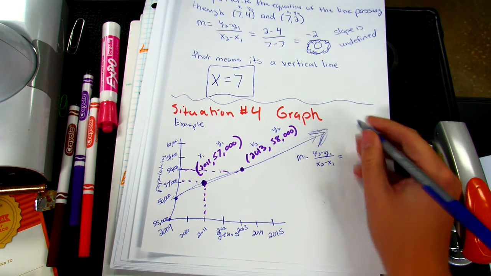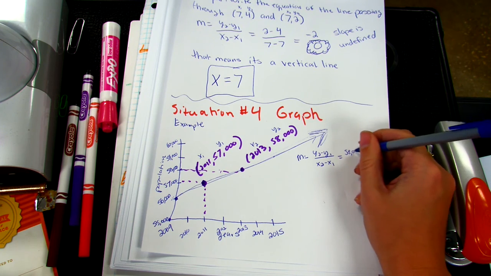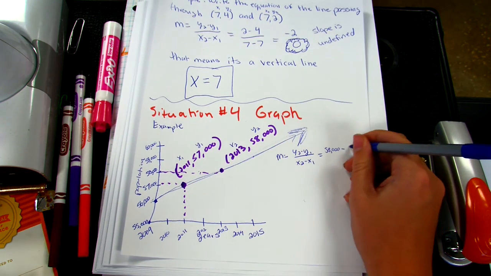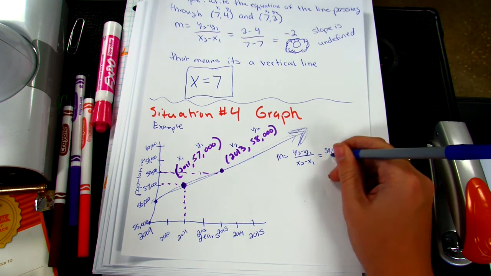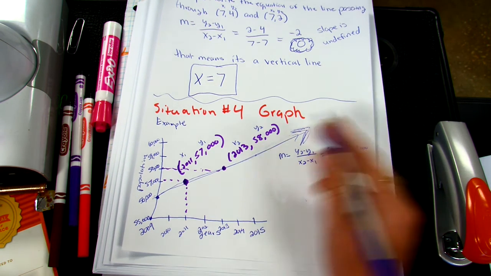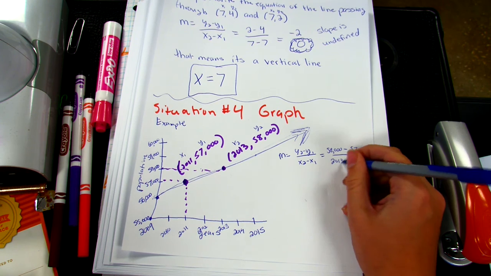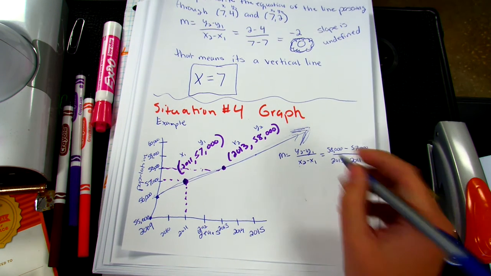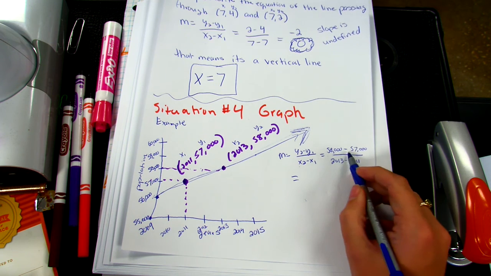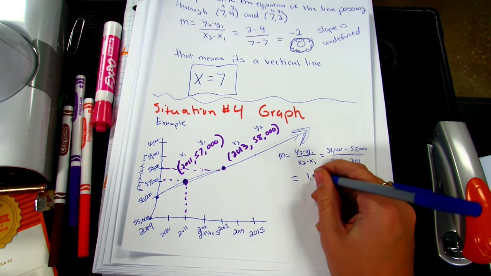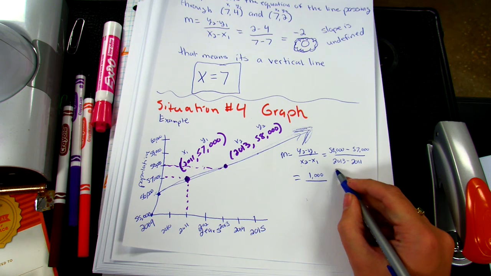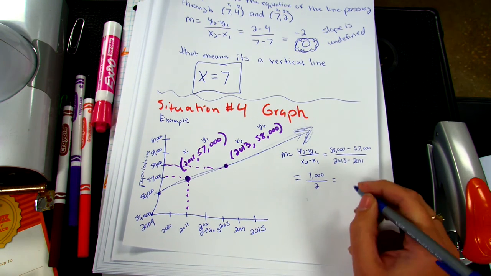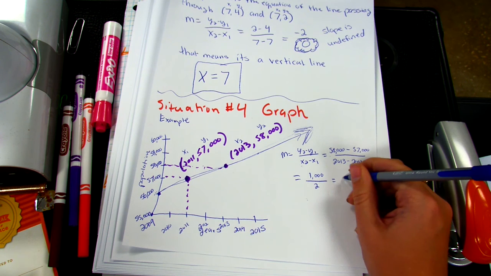So y2 is 58,000 minus y1, which was 57,000, all over x2, which was 2013, minus x1, which was 2011. So 58,000 minus 57,000 is 1,000. 2013 minus 2011 is 2, which means my slope, 1,000 divided by 2, is 500.